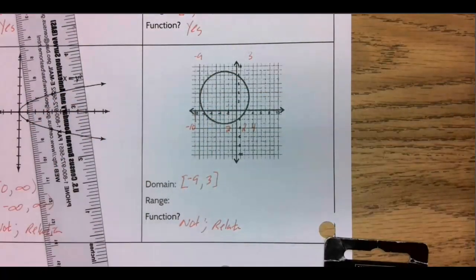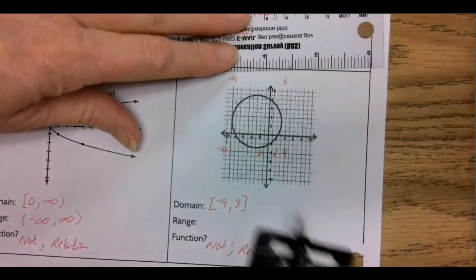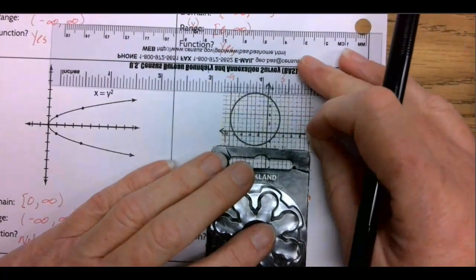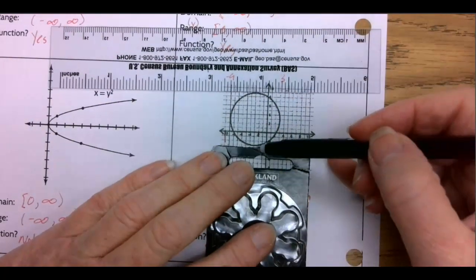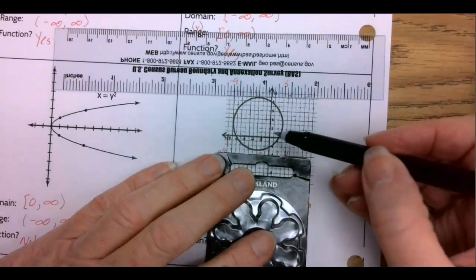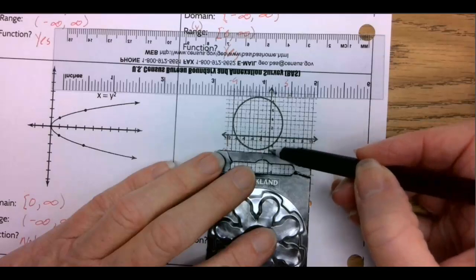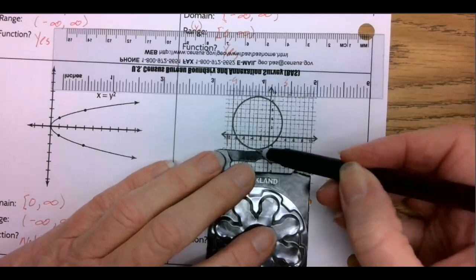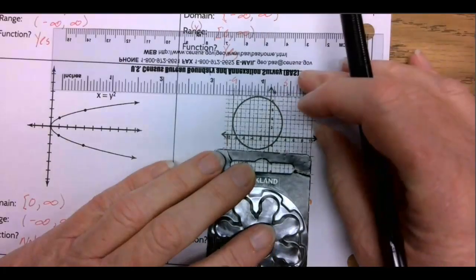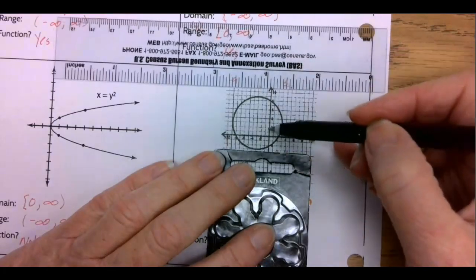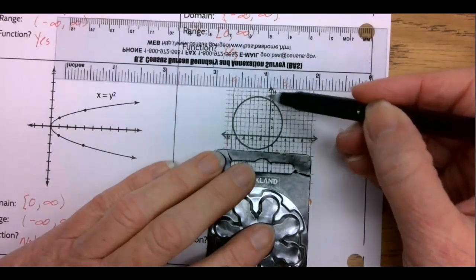Okay, now let's go the other direction. Let's look at our y values. Our y values go from here to there. What is that point? We're going up by 2's again. So 1, 2, 3. It starts at -3, goes all the way up to 2, 4, 6, 8, 9.